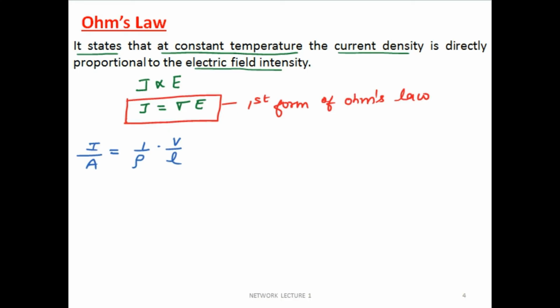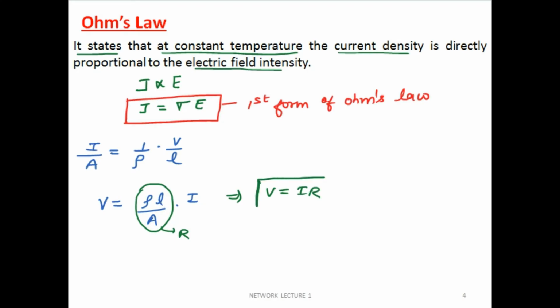If we rearrange from here, we get voltage equal to rho into L by A into I. After rearranging, this is nothing but the formula for resistance. So we get V is equal to I into R. This is another definition of Ohm's law: the potential difference across the ends of a conductor is directly proportional to the current flowing through it. This is the second form of Ohm's law.